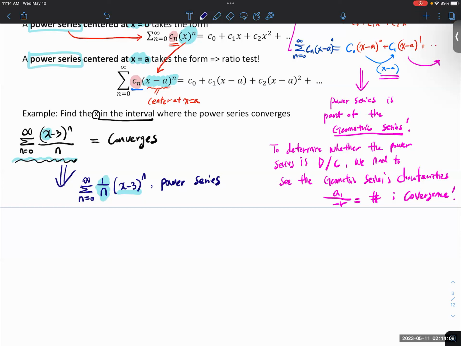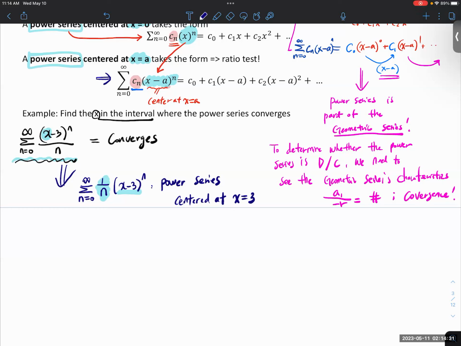And especially, this is centered at x equal to 3. That's the definition of a power series according to this form. So for this power series, yes, I see the coefficient 1 over n in front of x minus 3 to the n, and it is centered at x equal to 3.